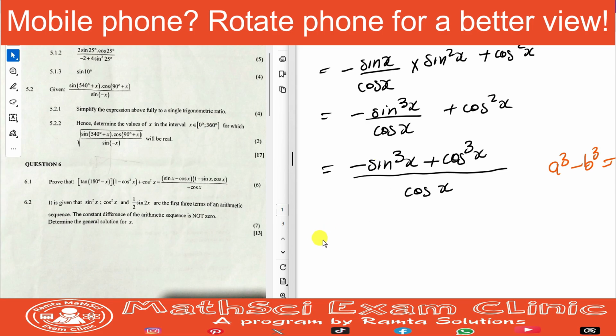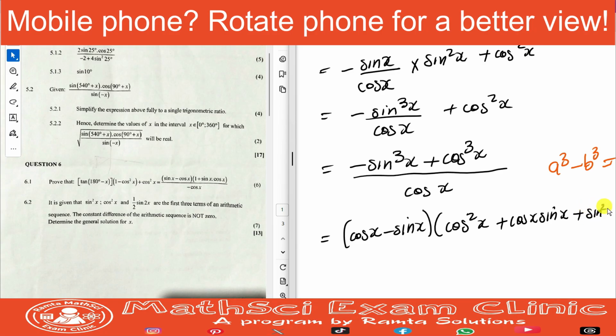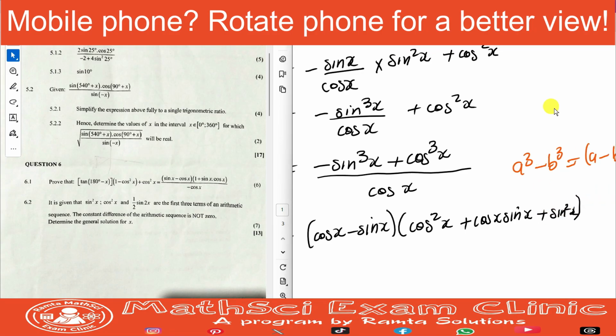Now, proceeding, we'll say this is the same as saying, let's say (cos x minus sine x), then it becomes cos square x plus cos x sine x plus sine square x, all over cos x.